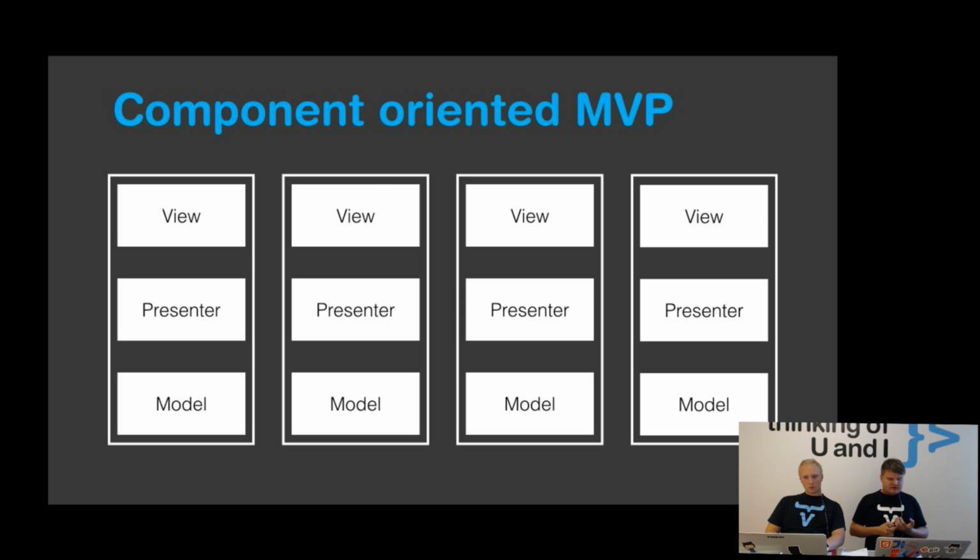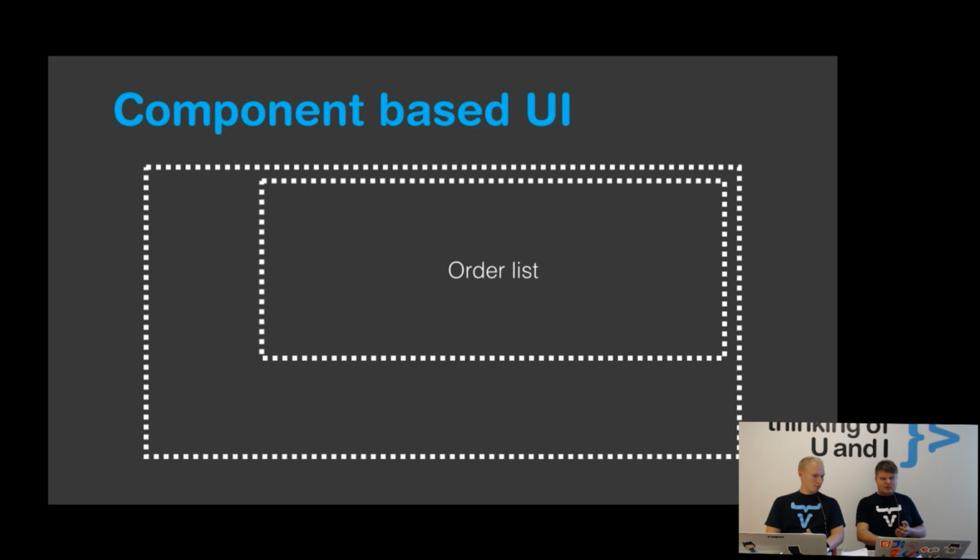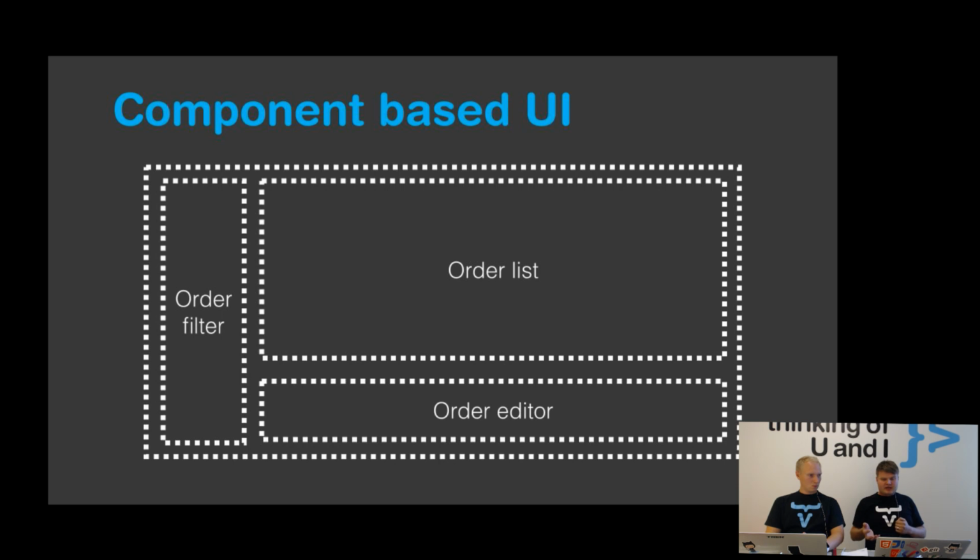People are always asking, is there a better way of doing this? I think there is, and I would recommend, if you are not certain that you really want to use MVP, instead try to organize your code by the UI components that you have. It's a component-oriented framework in any case. So let's say you are building an order management panel, you might have an order list, some kind of filtering configuration, some type of editor on the screen.